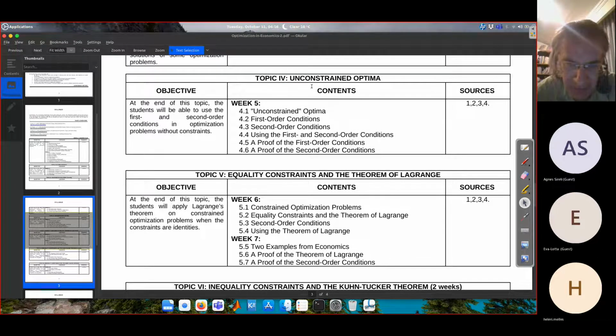We also covered unconstrained optima. So basically we saw the first and second order conditions. And now we are in topic number 5, which are equality constraints in the theorem of Lagrange.